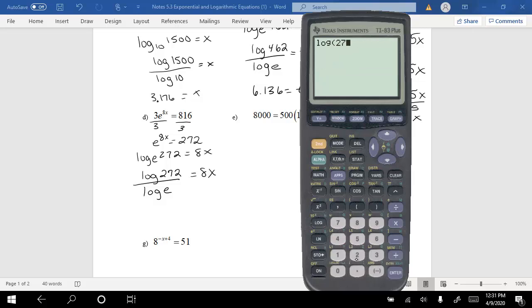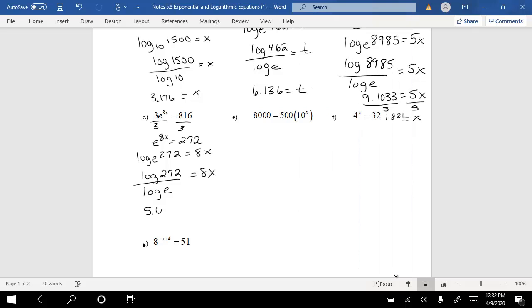Log of 272 divided by log of e. So I get 5.605 equals 8x. And to solve for x, we're going to divide both sides by 8. So when you go back to your calculator, you'll see that that is 0.701.